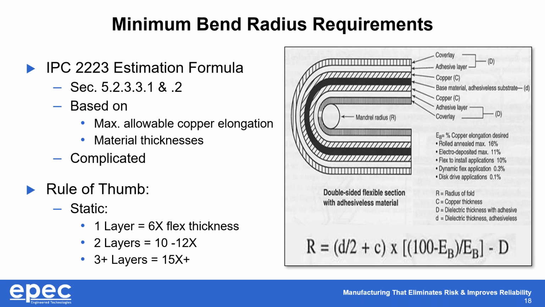And again, with some exceptions, a 4-layer would be approximately 20 to 25x. A 5-layer would be 25 to 35x. You really have to take into account the material thicknesses when you get into that level, and the copper weights. So there are a number of variables that come into play.